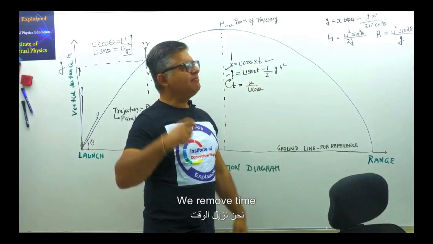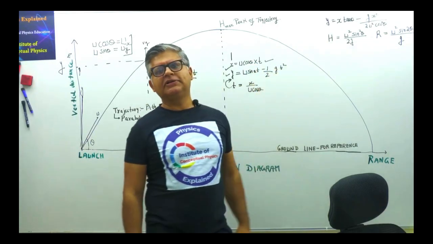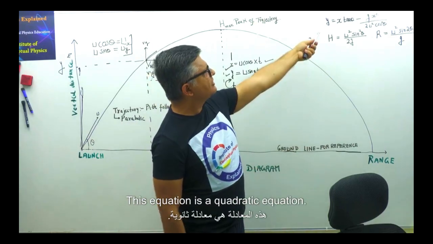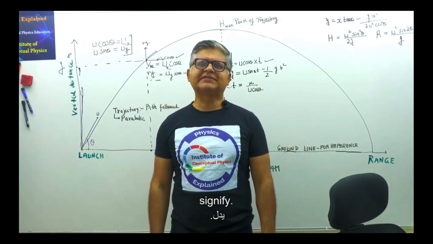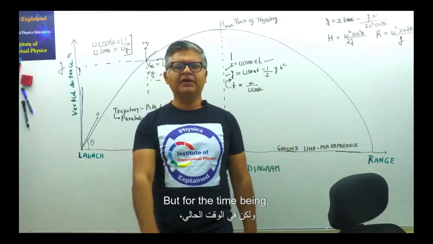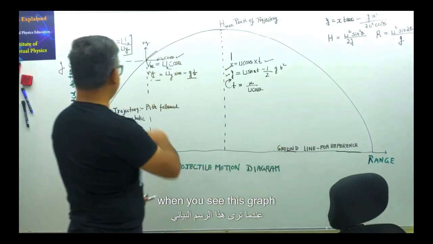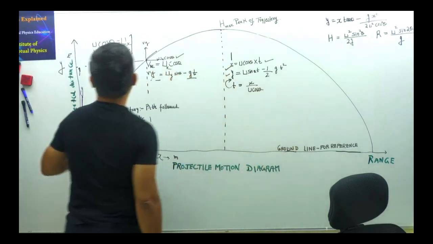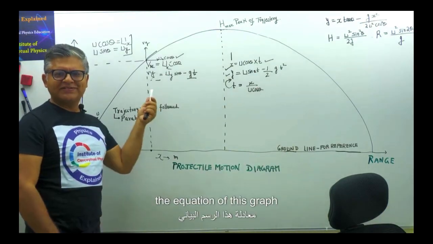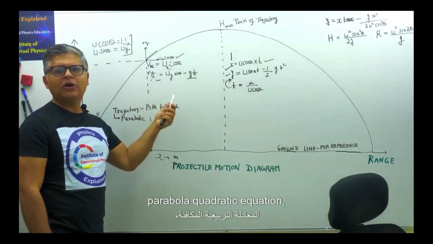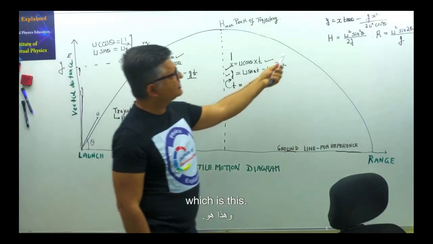We remove time. This equation has no time in it. This equation is a quadratic equation. We will discuss what it signifies. But for the time being, when you see this graph of y versus x, the equation of this graph is a parabola, a quadratic equation, which is this.